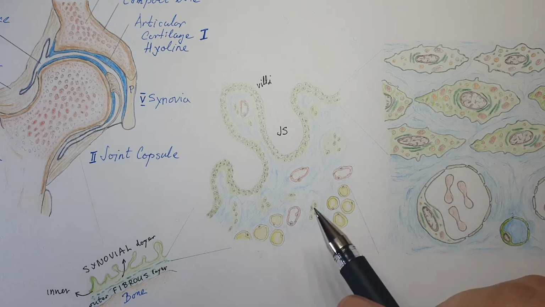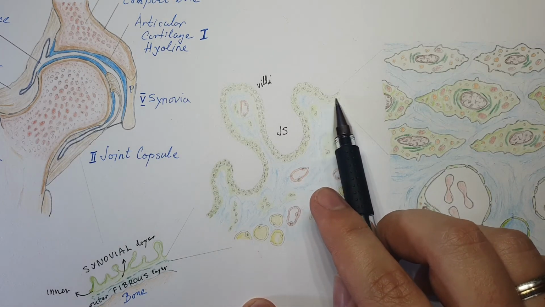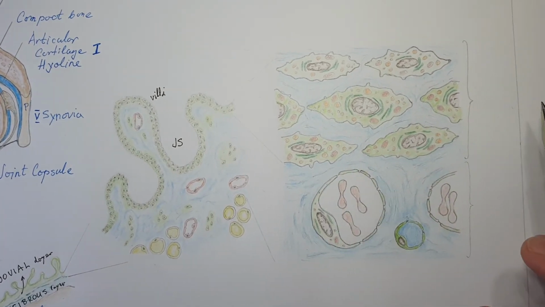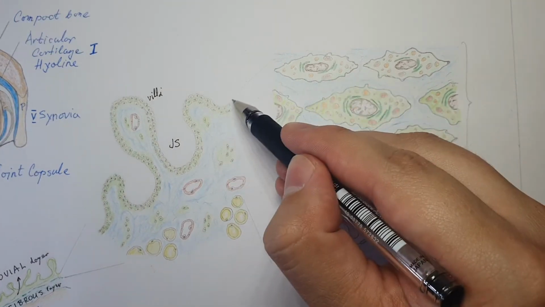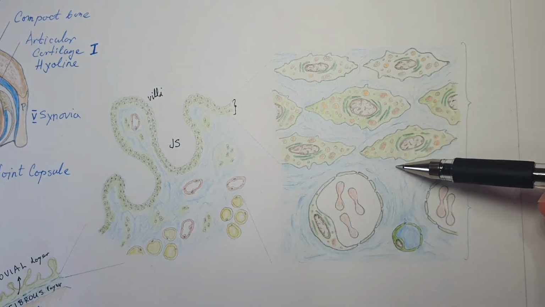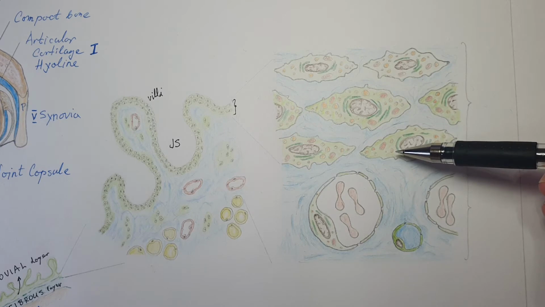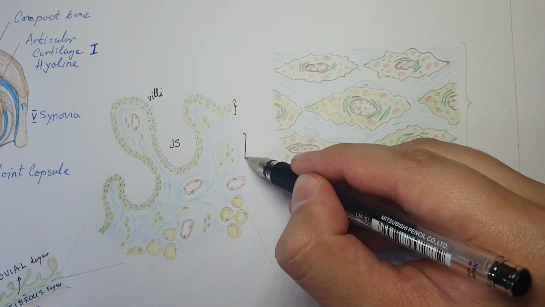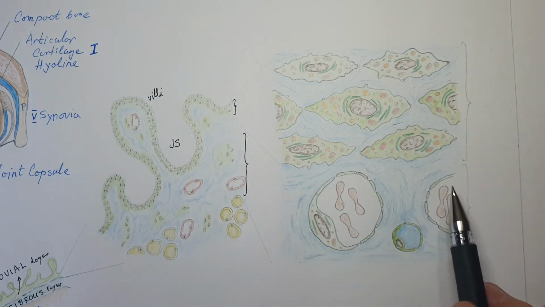Now, we will enlarge this part of the cell layer. If we enlarge this part, it is represented here. It is the cellular layer, and if we enlarge it further, we will get this layer.